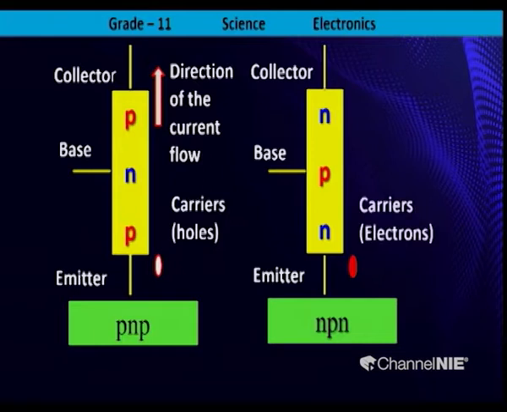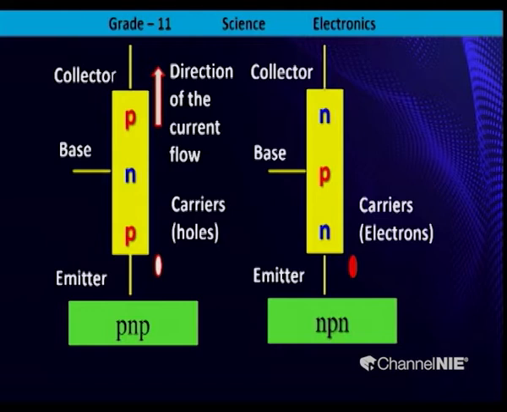When we focus our attention on the NPN transistor, electrons act as the charge carriers. Why do I say so? As you can remember, n-type semiconductors are made by doping to add a large number of free electrons.